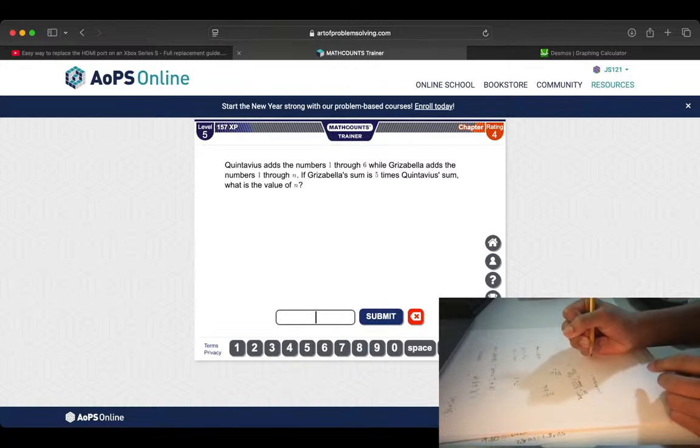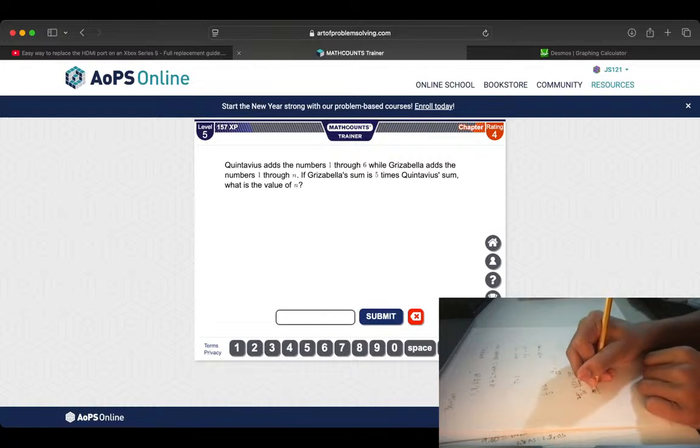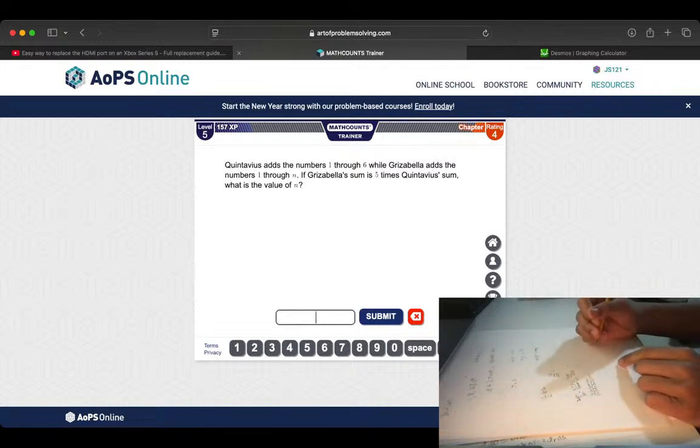I'm gonna get a sense of what it looks like. Okay, so I'm gonna use that as a denominator. 1 plus 2 plus 3 plus 4, 5 plus 6. I should probably find values for these.